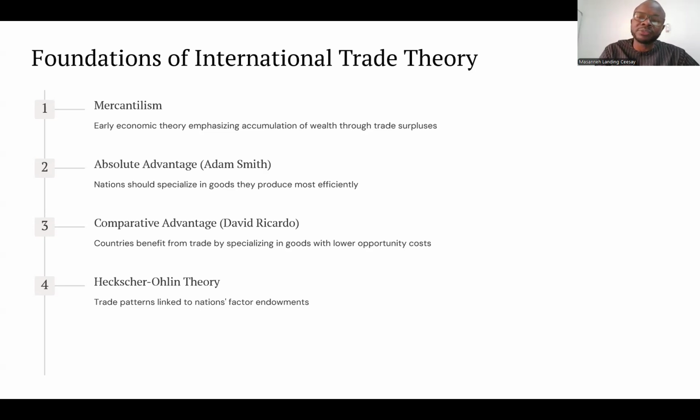suggests that countries are endowed with factors of production in different ways. For instance, there are countries that are endowed with an abundance of labor, while other countries have an abundance of capital. What the Heckscher-Ohlin model basically proposes is that a country should specialize in the production of goods that match the factor that they're endowed with.